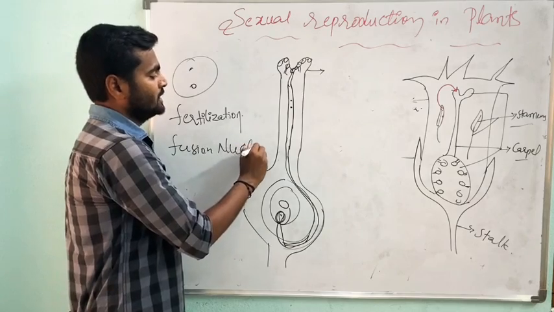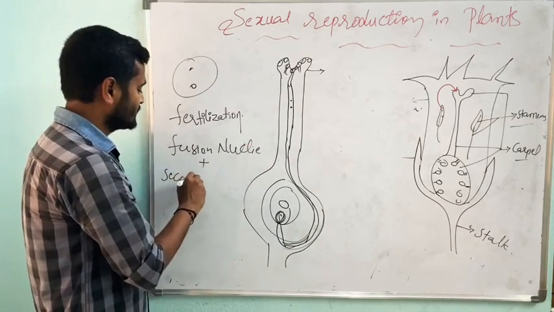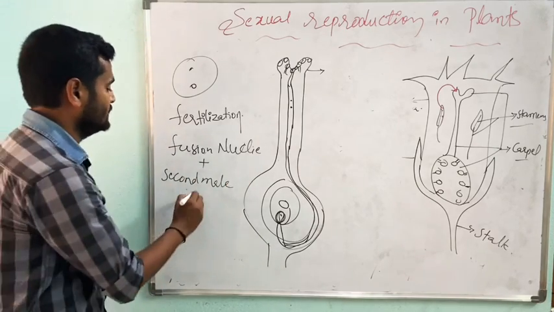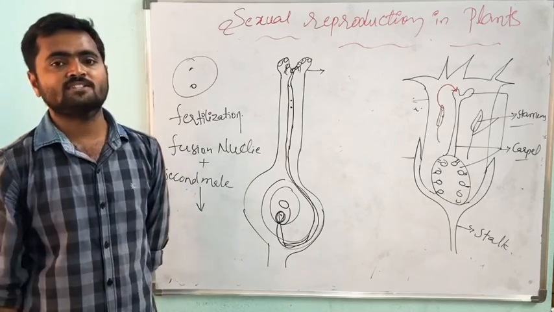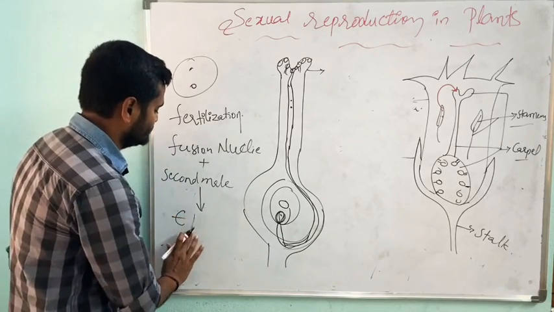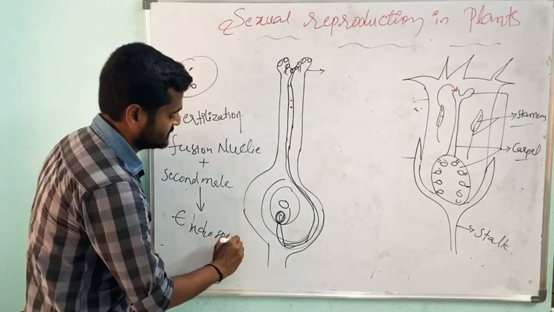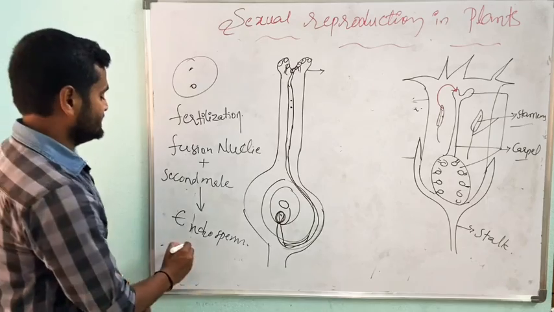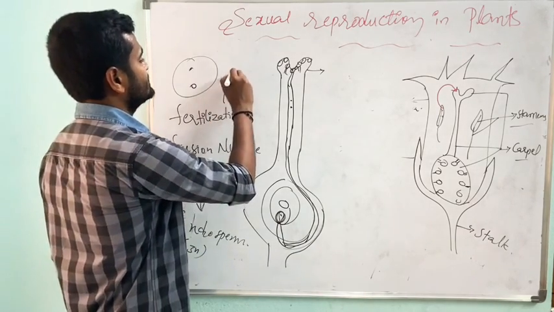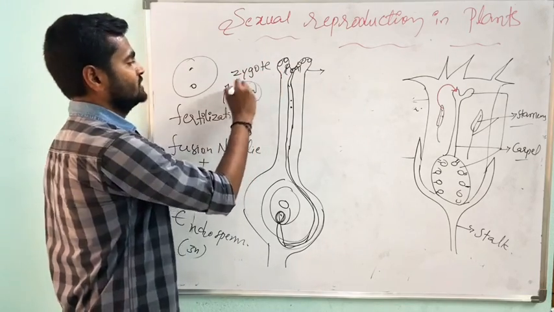So the fusion nucleus fuses with the second male nucleus and forms a material called what, Nana? Endosperm. This is the 3N stage, and after the fertilization, the zygote is produced. This is the 2N stage.